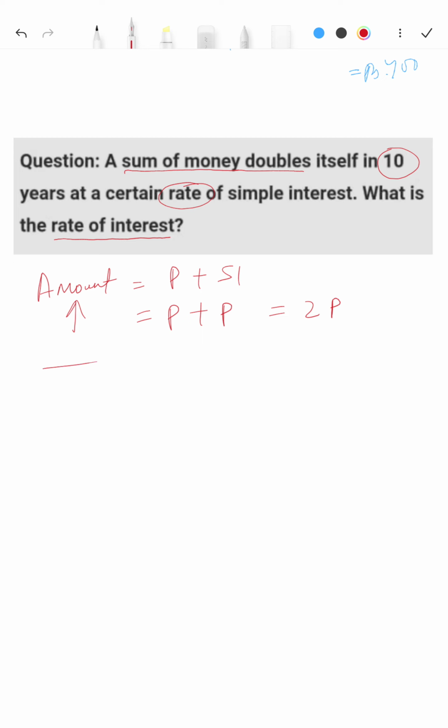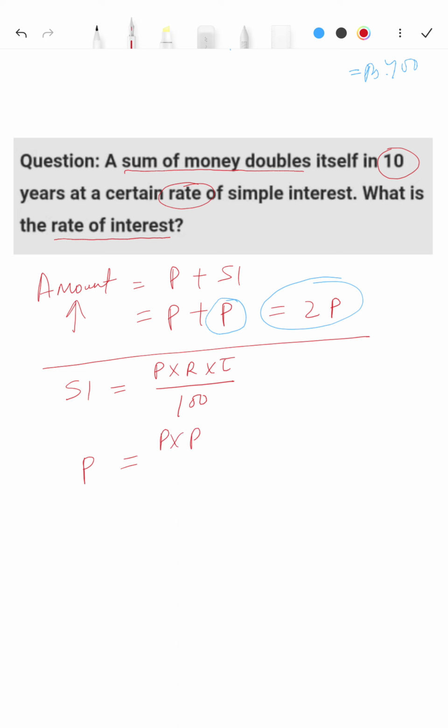That being said, we just have to apply the simple rule, that is SI equals P into R into T by 100. Keeping this in mind, as I have been telling here on the top, the amount will be doubled only when SI equals P. Therefore, SI is P here. SI is P into R into T by 100.